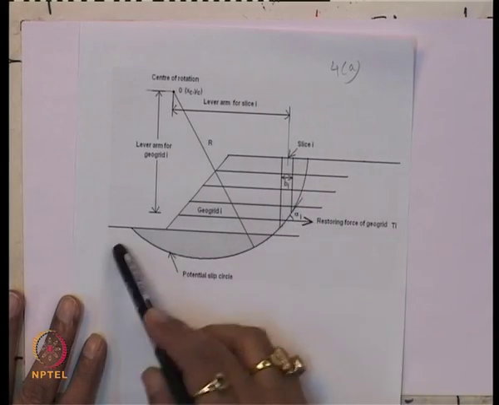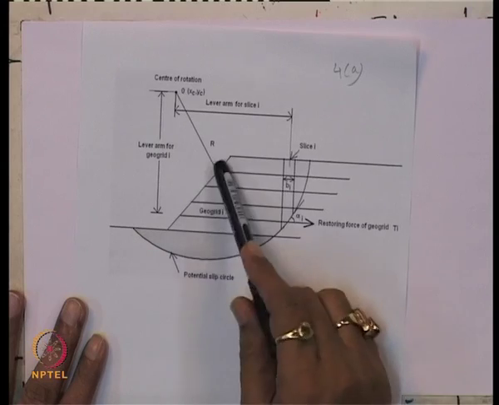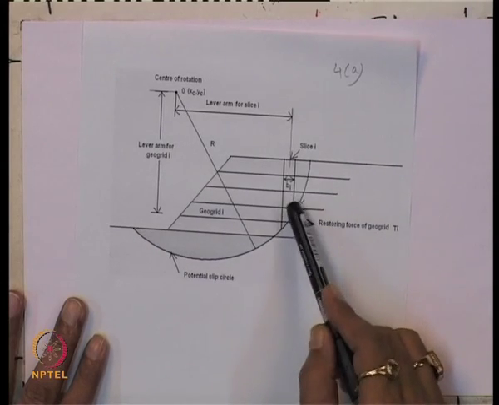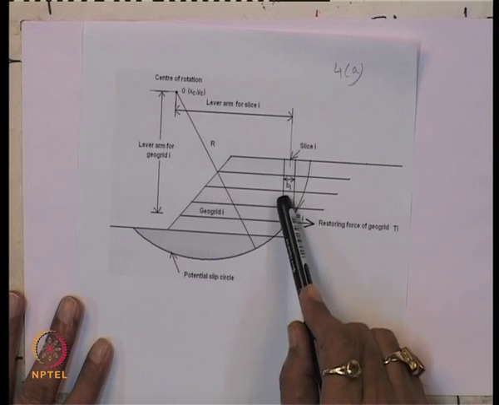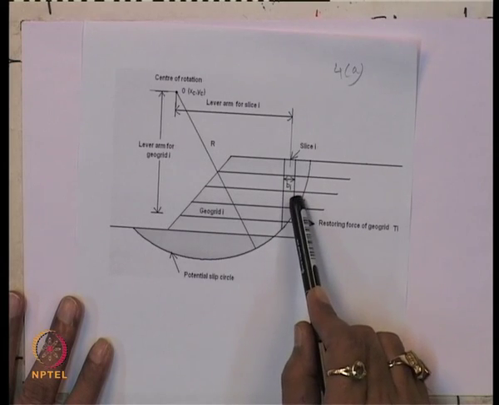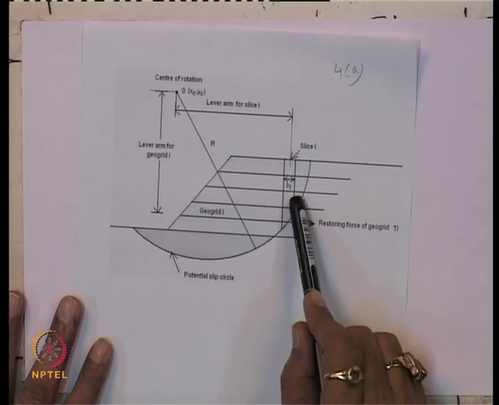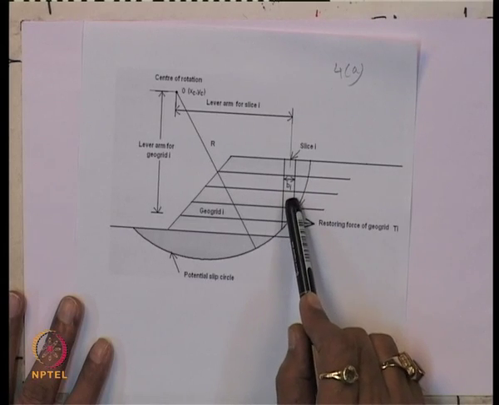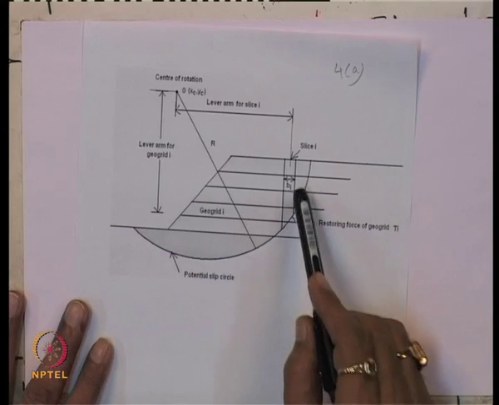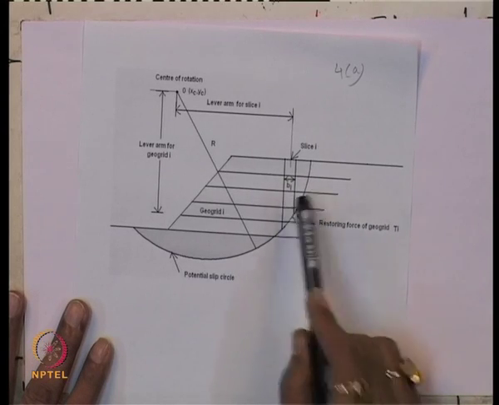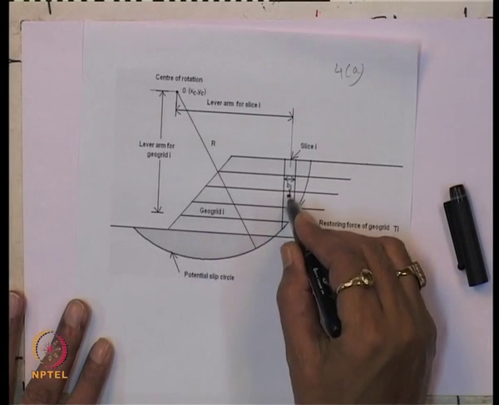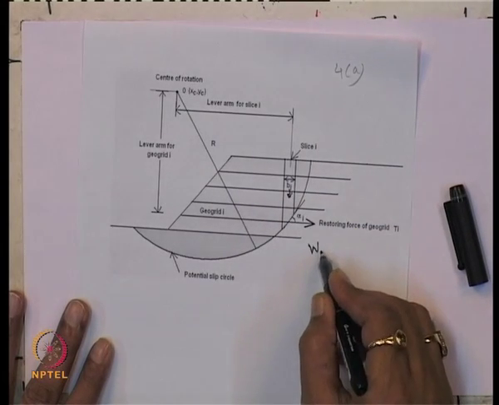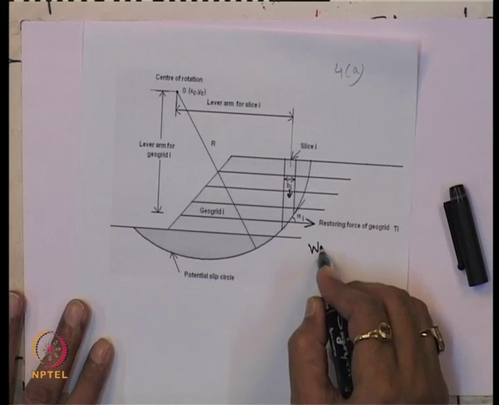You can see in this slope, this is the Bi, that means this is the width of the slice i. Bi is the width of the slice and it also has a weight, that means the weight of the slice, let us say Wi.